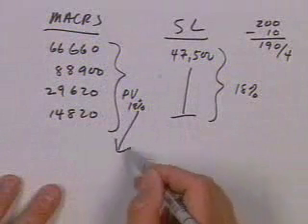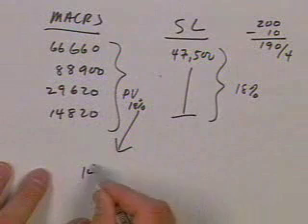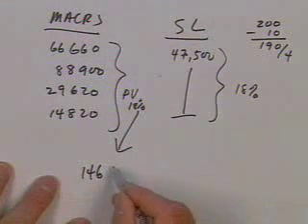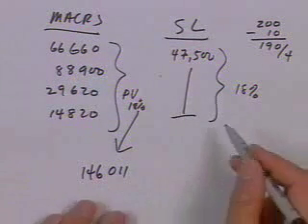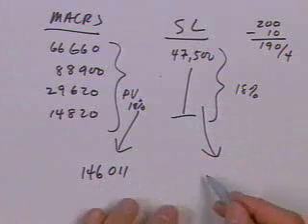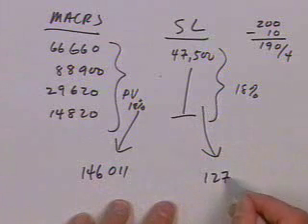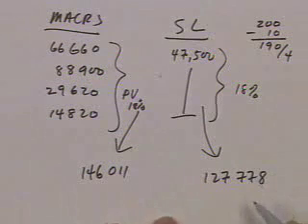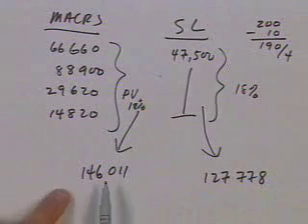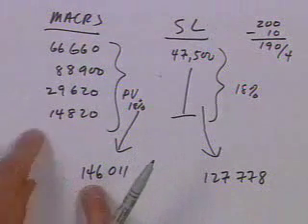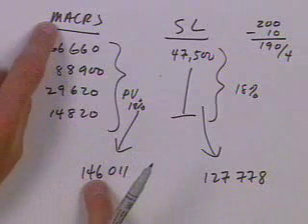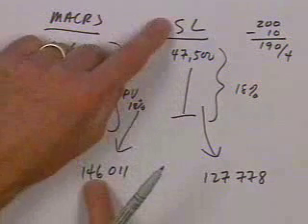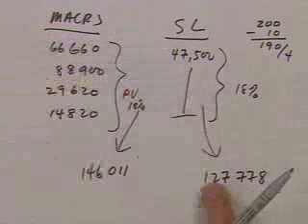In this case, the present value is 146,011, and in this case, the present value is 127,778. So the present value of the expenses for MACRS is 146,000. The present value of the straight line is 127,000.